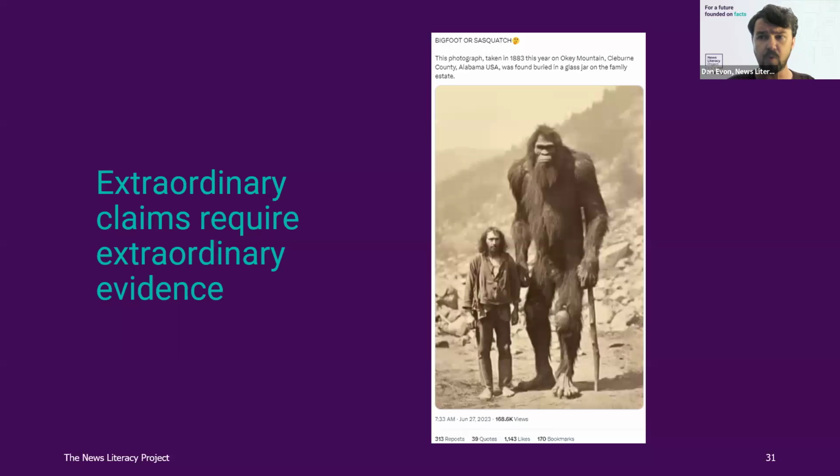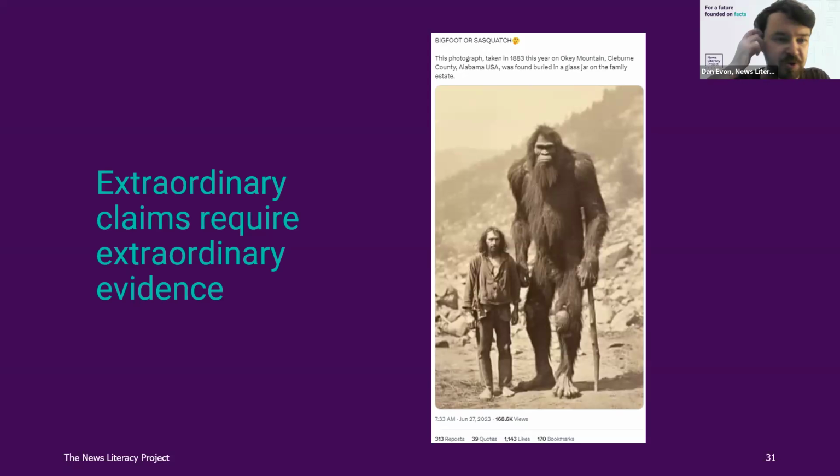One of the mantras, especially when it comes to addressing conspiratorial claims, is extraordinary claims require extraordinary evidence. If you look at this picture that supposedly shows an old photograph from the 1800s of somebody's family member and Bigfoot, there are a lot of logical problems with this claim.